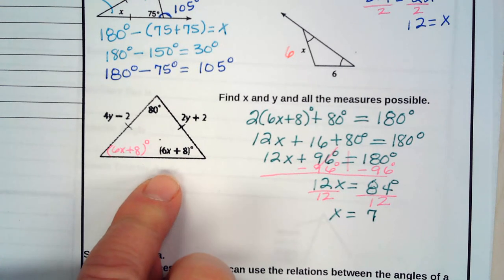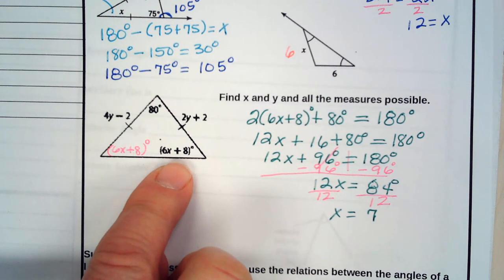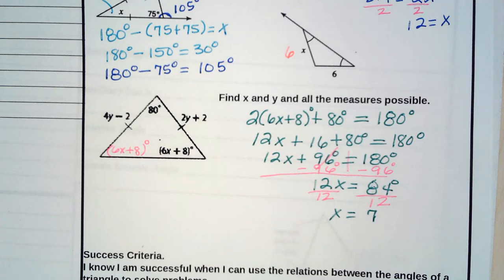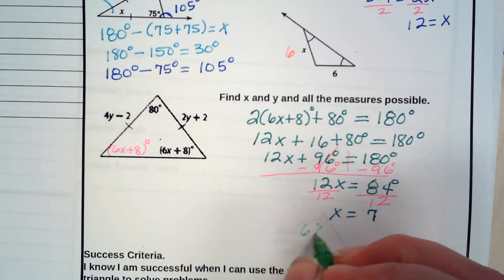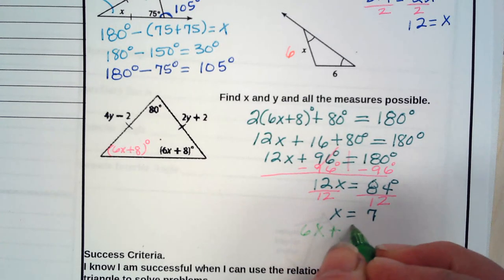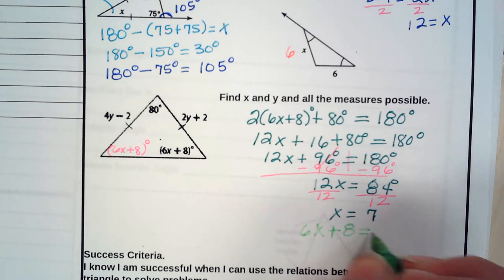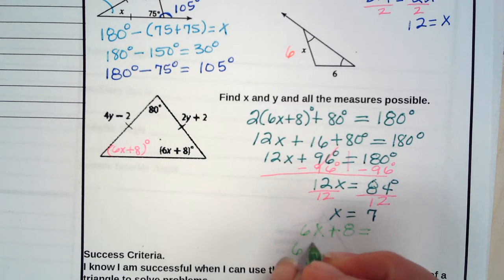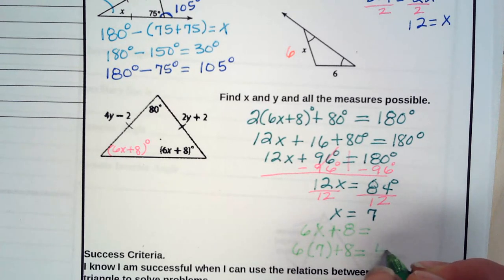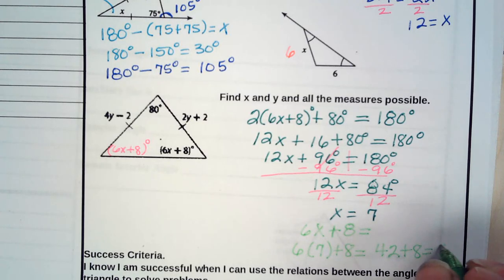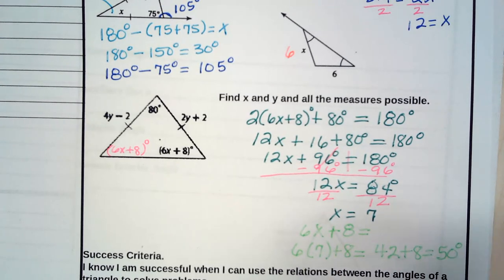I'm not done yet because I need to find the measure of this angle here. So I will use substitution. 6x plus 8 is equal to 6 times 7 plus 8. 6 times 7 is 42 plus 8, and that gives me 50 degrees.